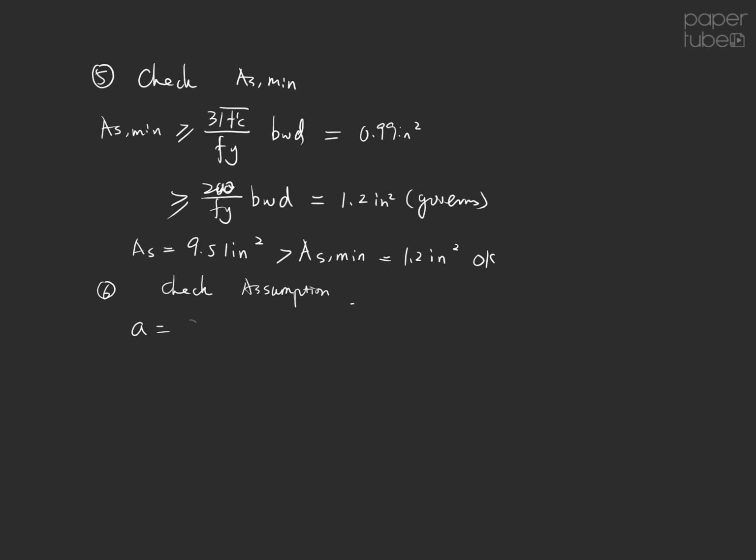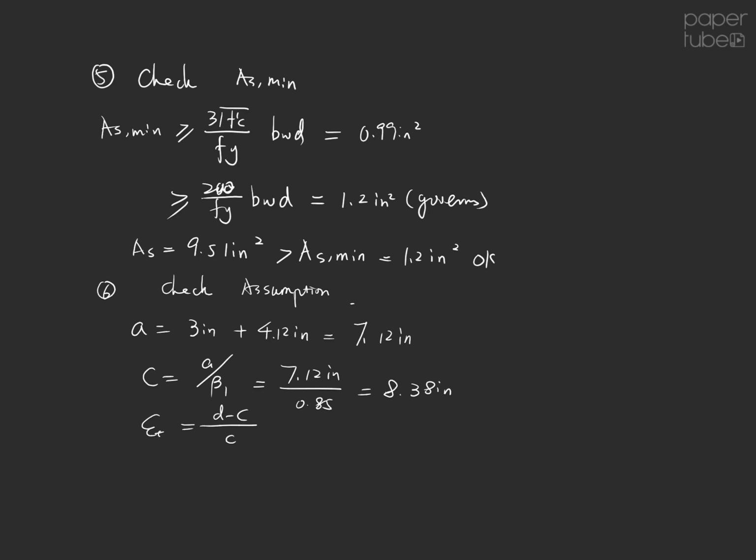Just to complete this example, the sixth step is to check the assumption that we made. Your a is equal to 3 inch plus 4.12 inch. That is 7.12 inch. Your c is a divided by beta 1. That is 7.12 inch divided by 0.85. That is 8.38 inch. You can calculate the strain at the steel location using this equation.